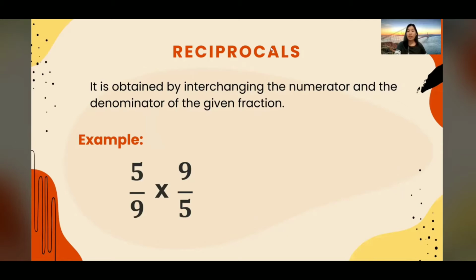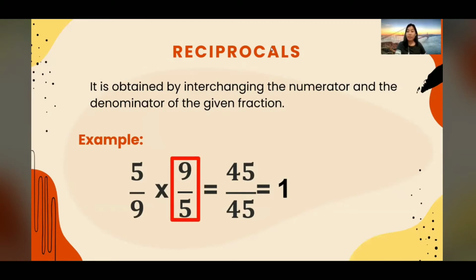All right, so 5 times 9 is 45, and 9 times 5 is 45. So in multiplying these factors, we will get 45/45. And if we are gonna simplify it, the answer will be 1. So just like how we defined reciprocals earlier, this is the multiplicative inverse of a fraction, and we will get 1 as our product. So the reciprocal of 5 ninths is 9/5.